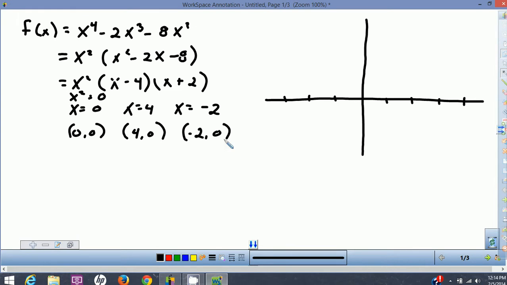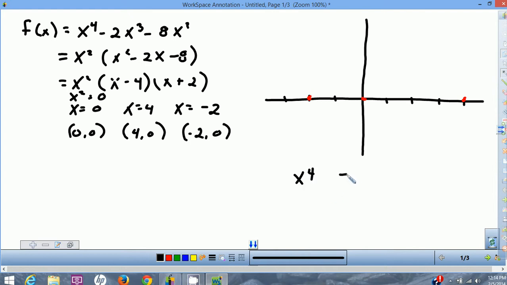So if I want to put this on my graph, I have an x-intercept here at negative 2, I have an x-intercept here at 0, and I have an x-intercept out here at 4. Well, what else do I know? Well, I know that my leading term here is x to the 4th. Well, what is that?